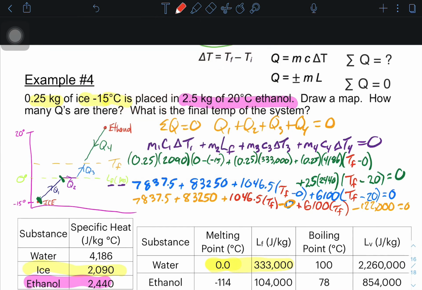We combine all my TFs, which are in red, 7146.5 times TF.